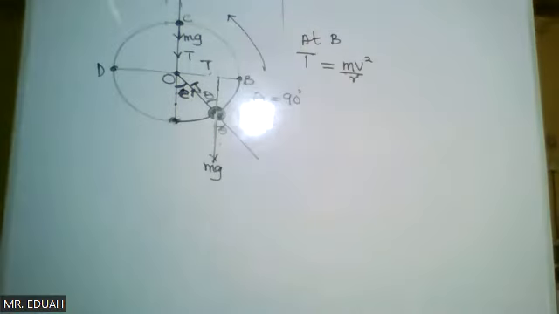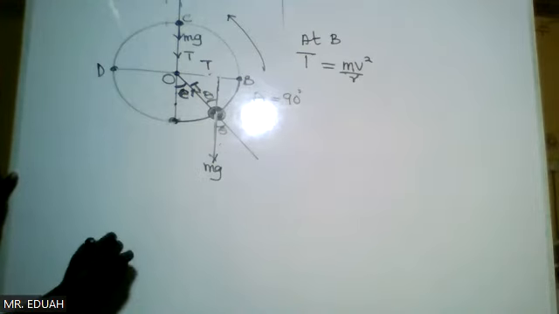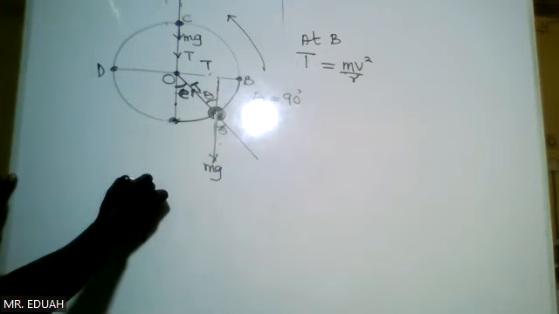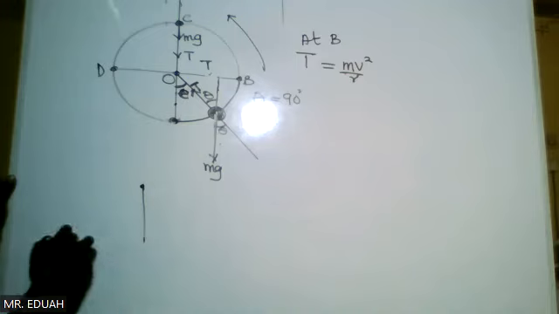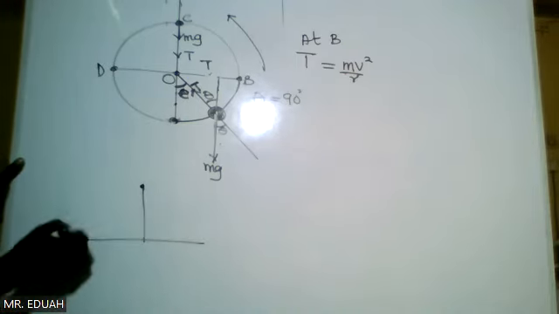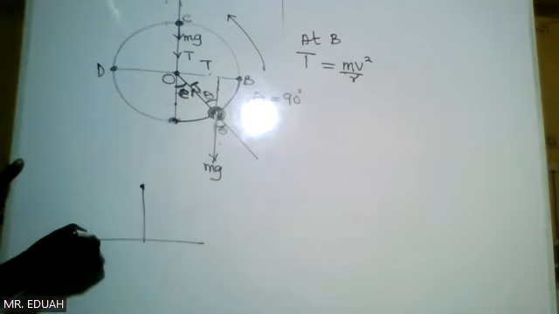mg. Now, if I have a bird on top of a tree, there's the ground, and I want to look at the bird on top of the tree, then I must turn my eye, elevate it by this angle.